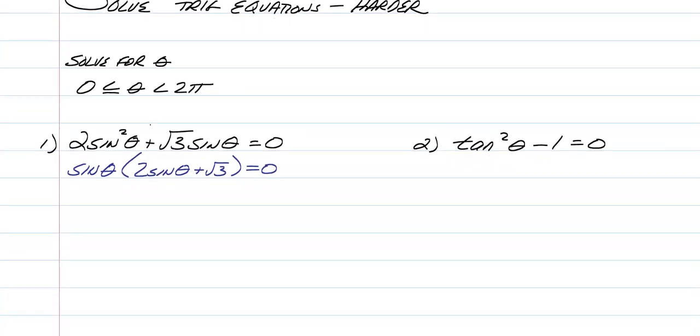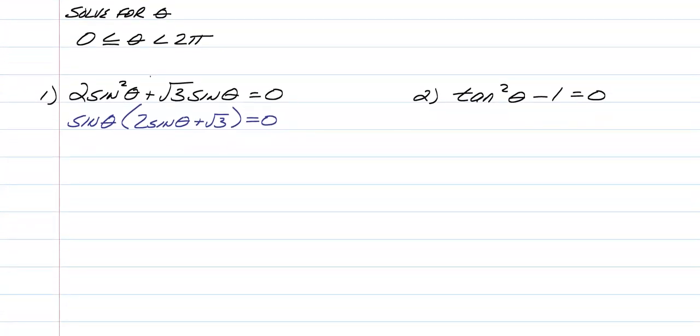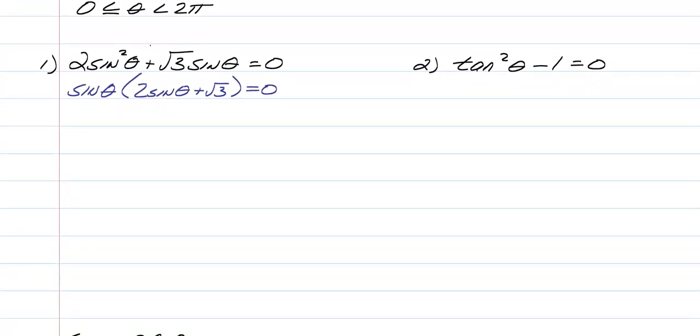And just like any other equation we have ever factored before when solving, after you factor, you just set each term, sine theta, and 2 sine theta plus the square root of 3, equal to 0. Okay, and now we're just going to solve. So sine of theta is equal to 0.